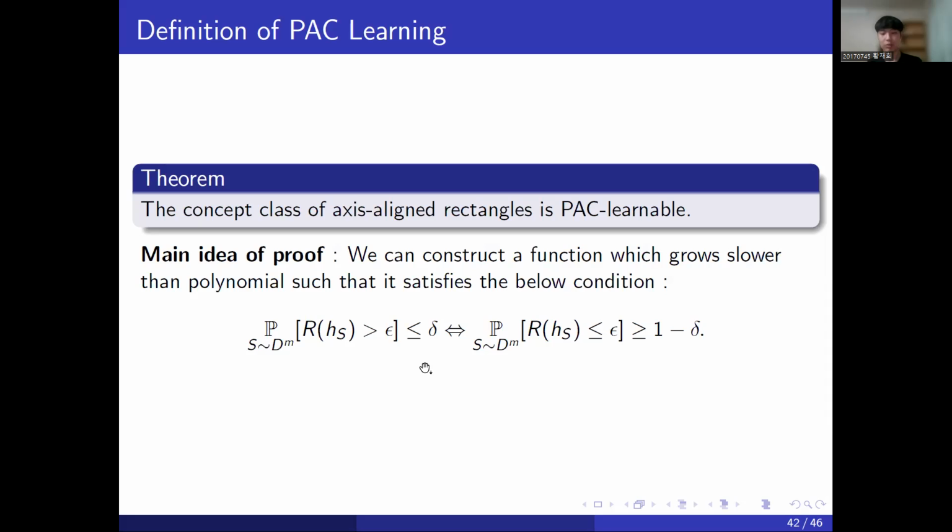The main idea is that we can construct a logarithmic function which is less than or equal to a polynomial, such that it satisfies the below condition. So it satisfies the condition for PAC learnability. So this algorithm is a PAC learning algorithm. So this learning problem is PAC learnable.